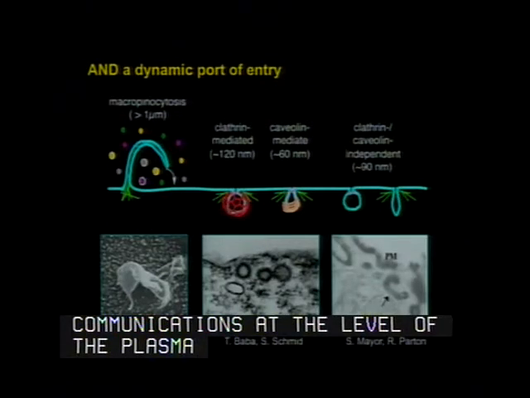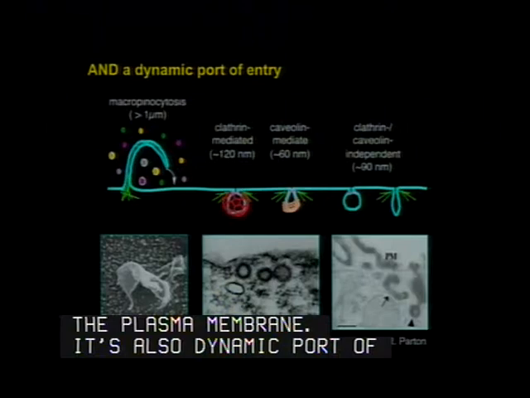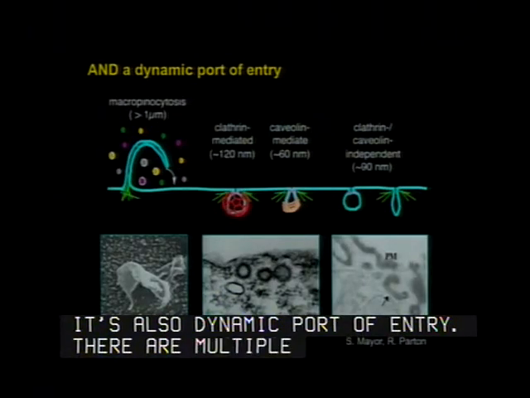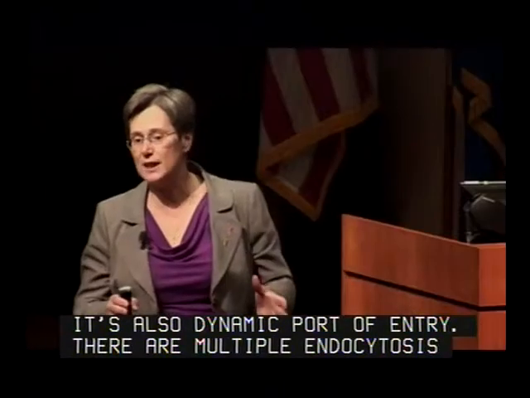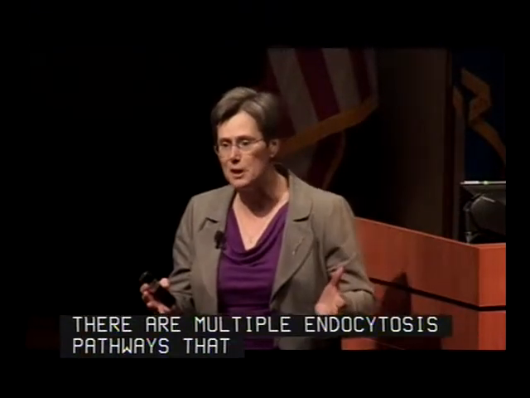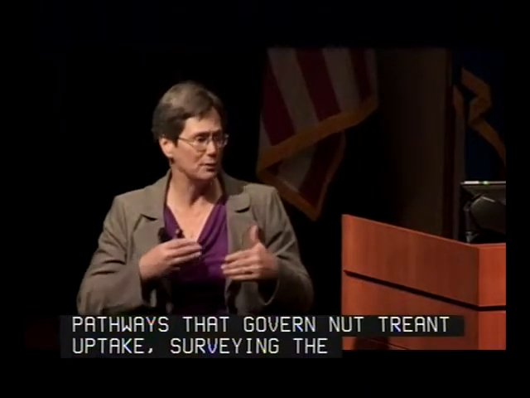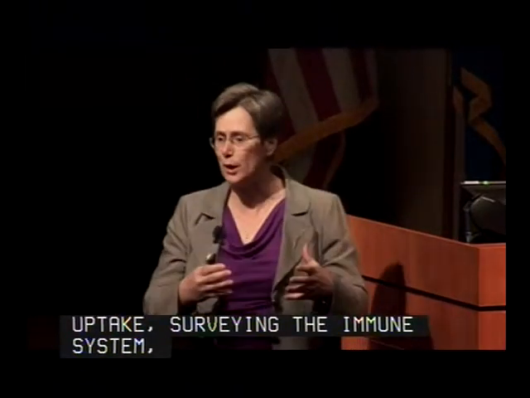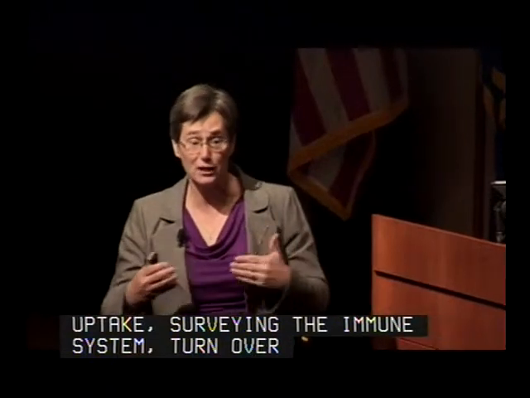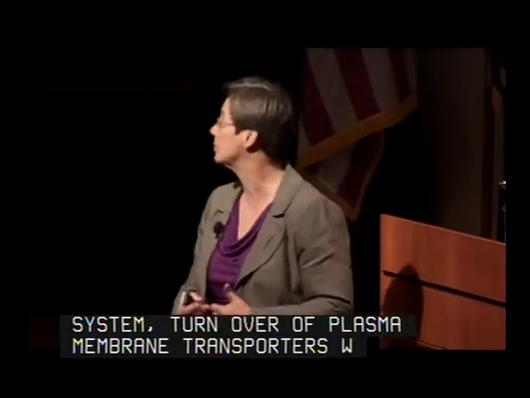It's also a dynamic port of entry. There are multiple endocytic pathways that govern nutrient uptake, surveying of the extracellular milieu in the immune system, turnover of plasma membrane transporters in response to the physiological changes when you eat or when you have a high glucose in your bloodstream.